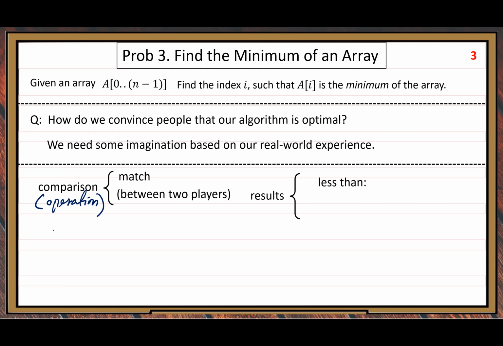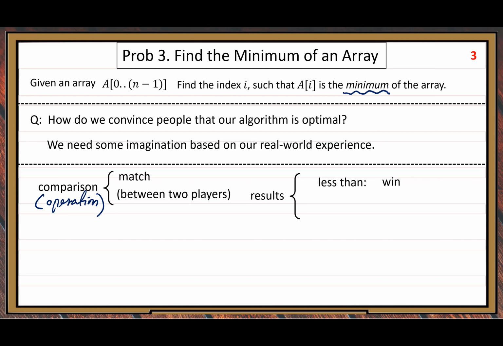In comparison, we have a less than result. Then it corresponds to a win in a match. Less than means win, because we are finding the minimum: the smaller the value, the better. So we define that if the first number is smaller than the second number, then the first one wins the match.